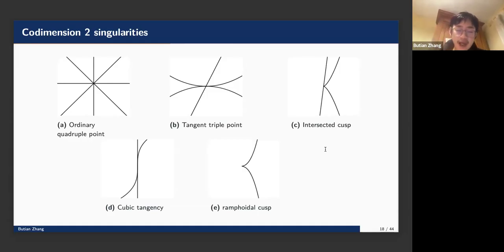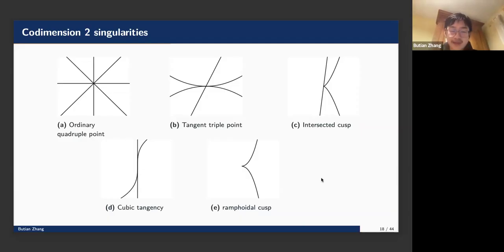There are 6 types of codimension 2 singularities. 5 types are shown here, and one more type is a combination of 2 disjoint codimension 1 singularities, for example 2 separate triple points.